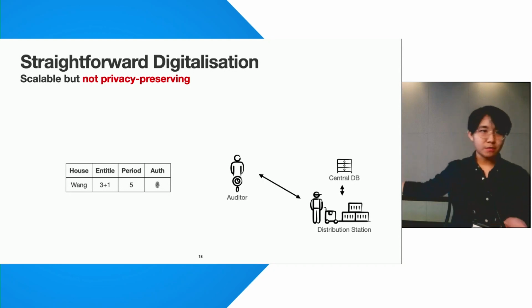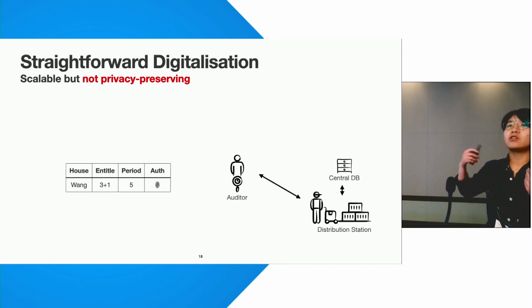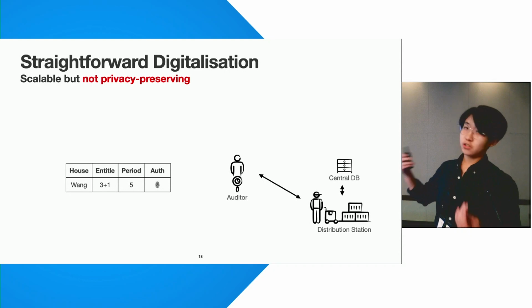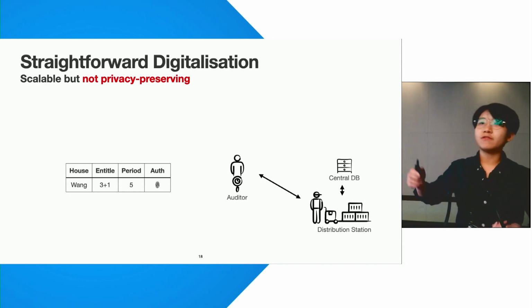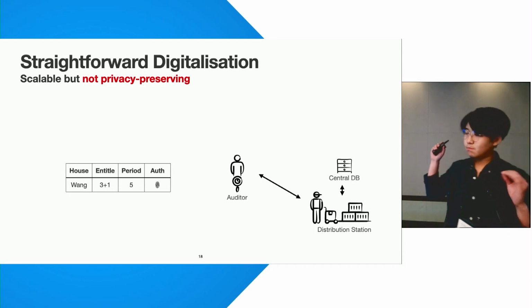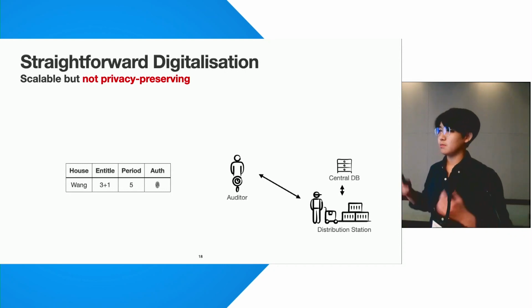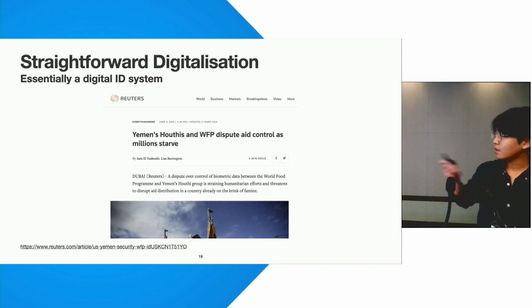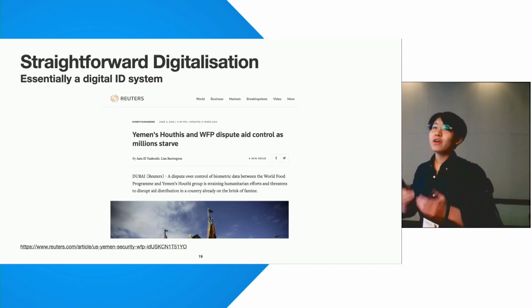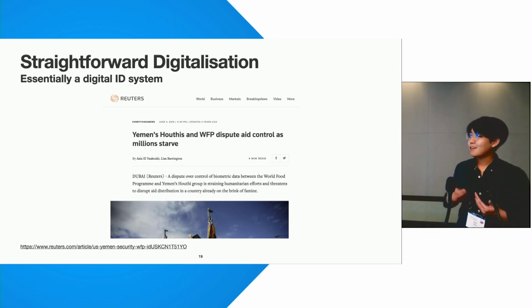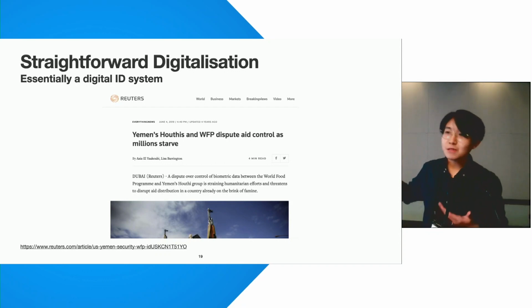This is indeed scalable. However, it brings a lot of privacy risks. For example, even a third-party auditor would be able to know all of this detailed, probably highly sensitive information about recipients. And if we look closer at this approach, we are essentially setting up another digital identity management system.